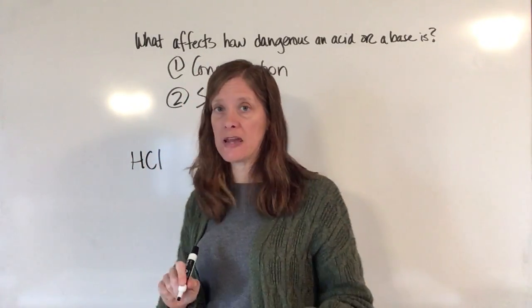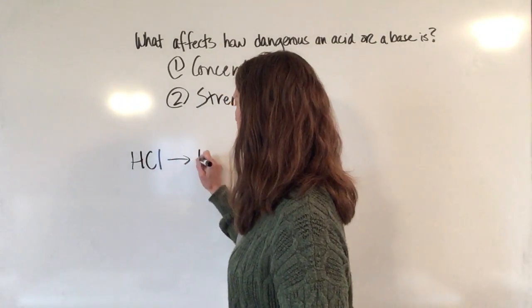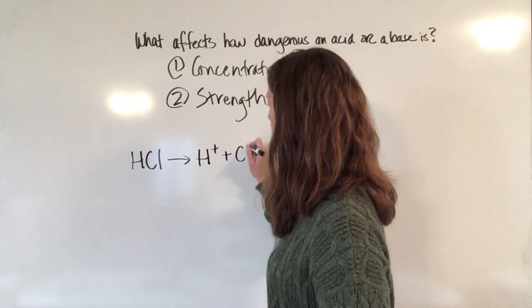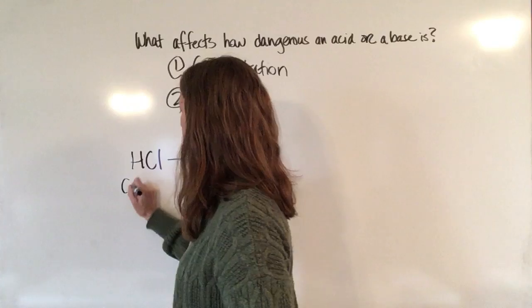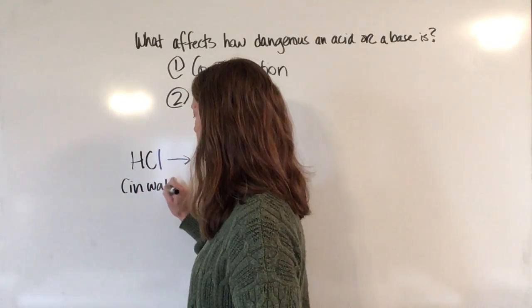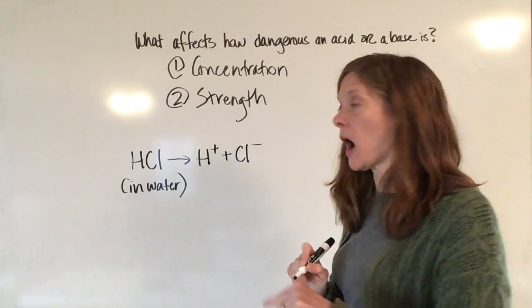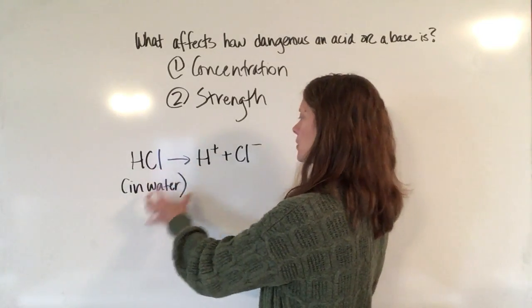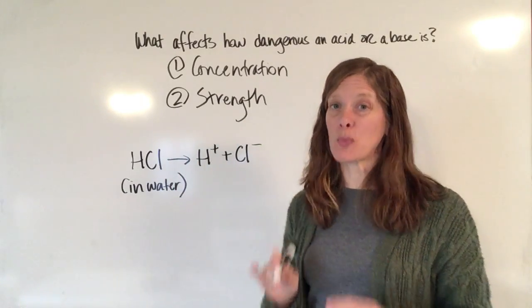So if I have hydrochloric acid, or HCl, and I put it into water, it will break apart into hydrogen ions and chloride ions. This is if it is in water, and I always have to specify that I'm talking about if I put these acids or bases in water. If I put them in water and they break apart, this breaks apart all the way.